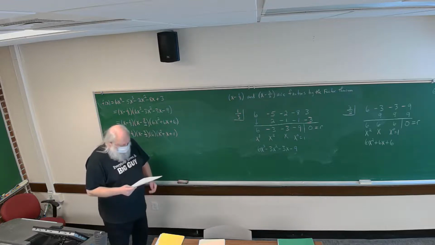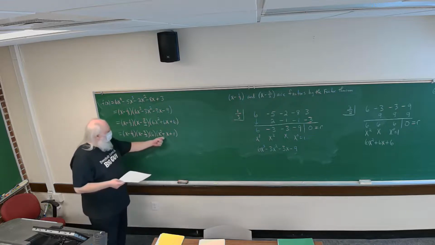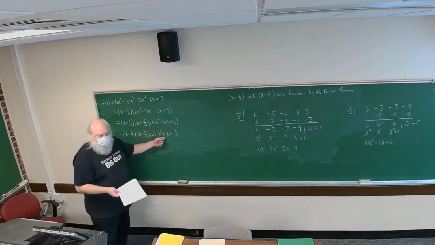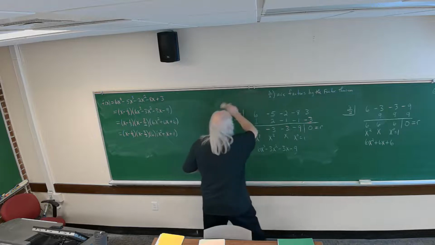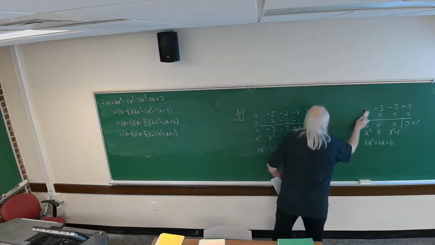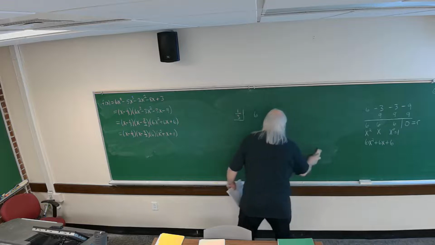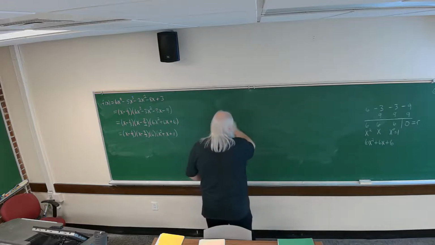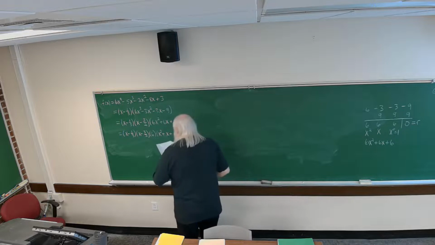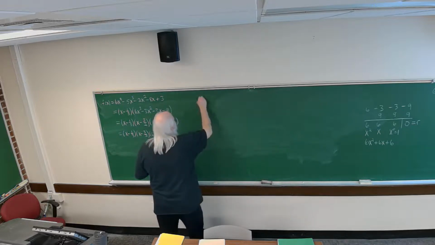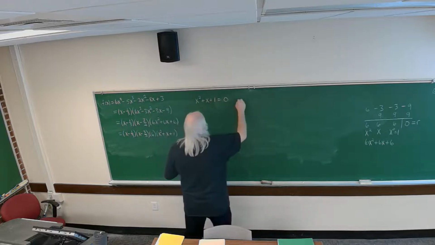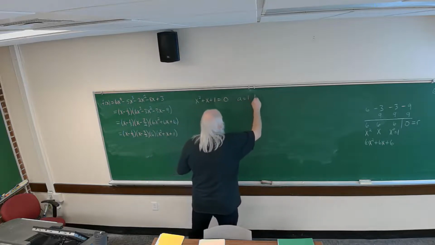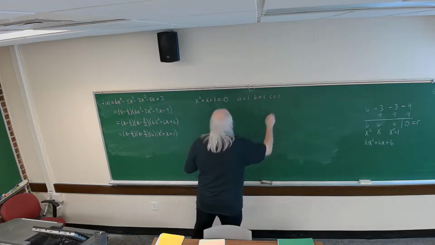Okay. All right. So we can now set x squared plus x plus 1 equal to 0 and solve for x using the quadratic formula. So a is equal to 1, b is equal to 1, c is equal to 1.